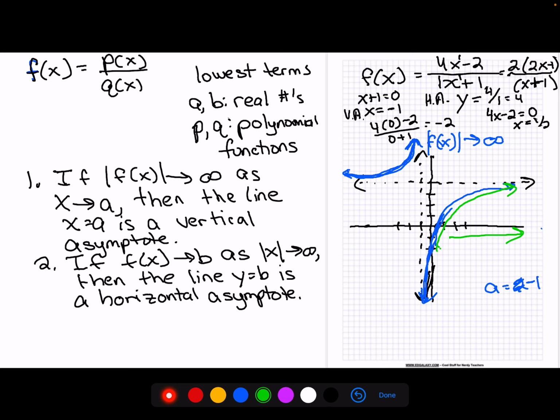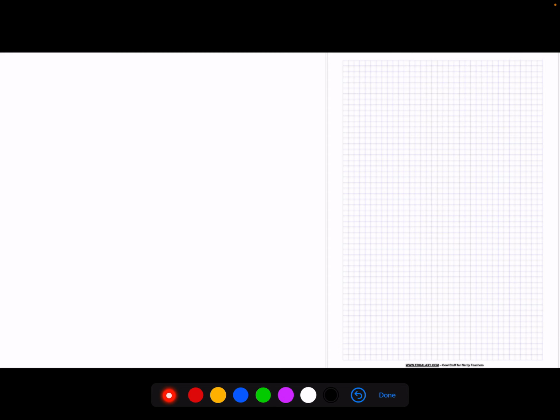Now, if you read your book, they go into how you can determine what's happening. Let's say you don't use a graph. Let's say you just use the function straight up: 4x minus 2 over x plus 1. Well, it's already in lowest terms, and we already know how to find the vertical asymptotes.